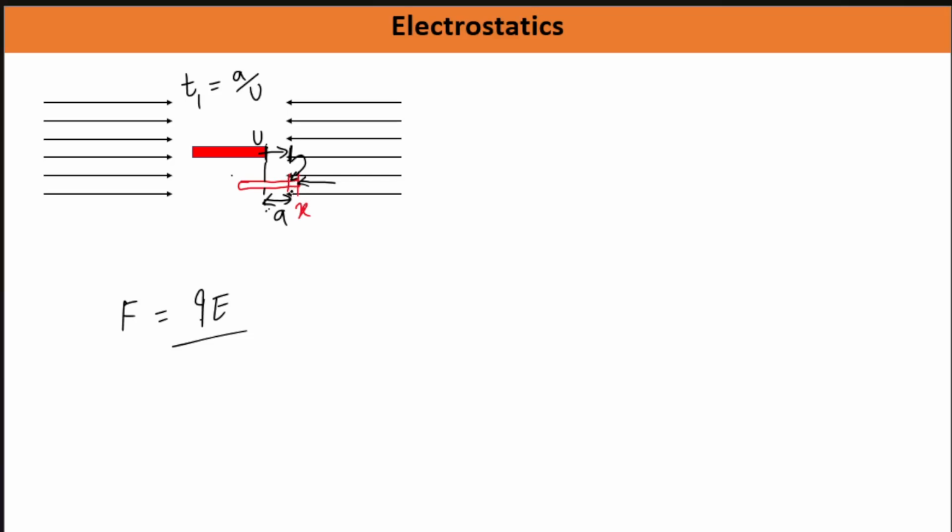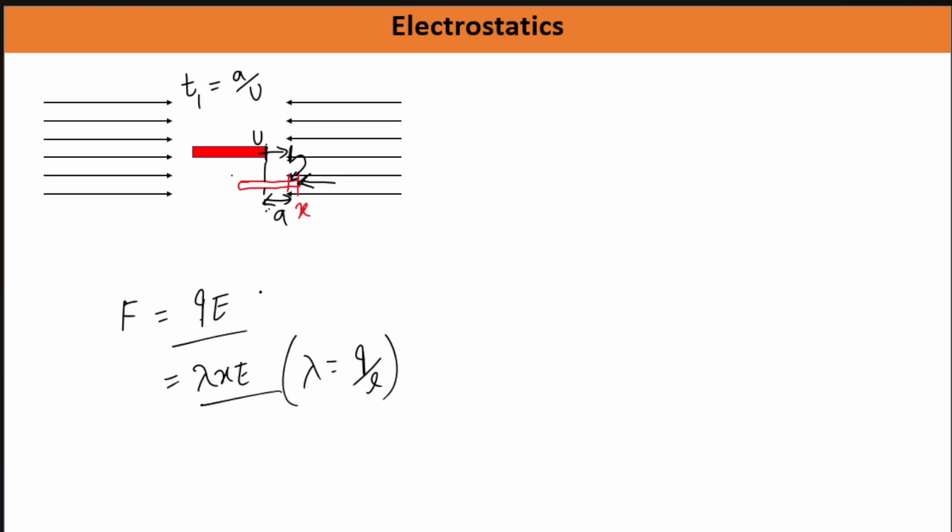Only the charge present on x length is inside the electric field. So for calculating force, we need to consider that charge only. So lambda x E, where lambda I have taken as charge per unit length upon this rod.